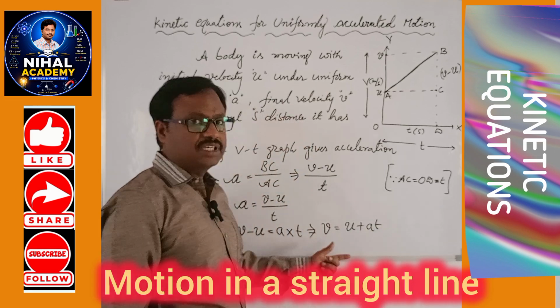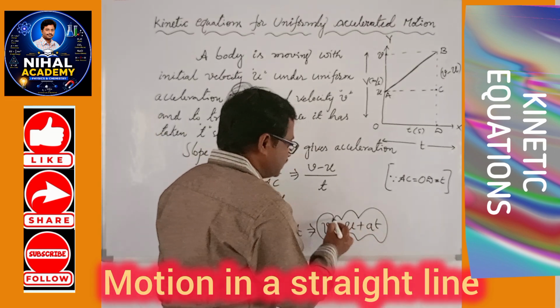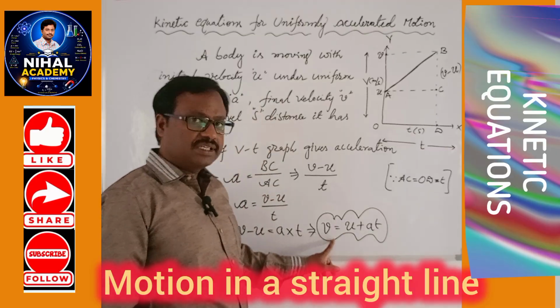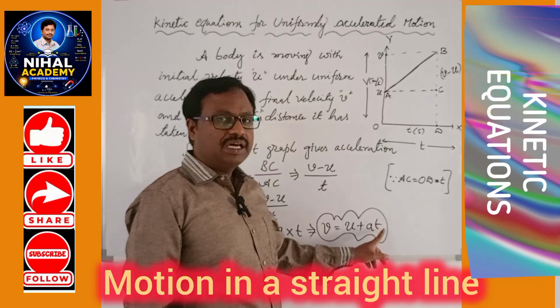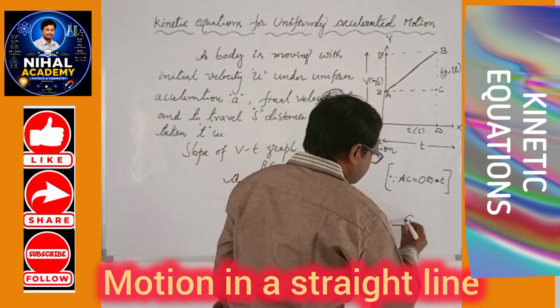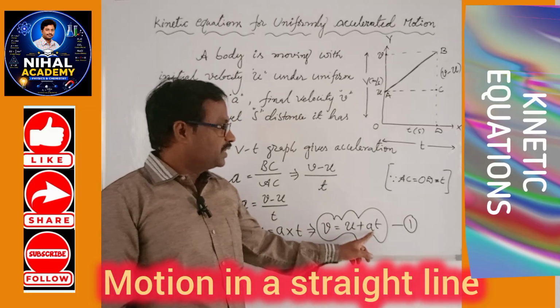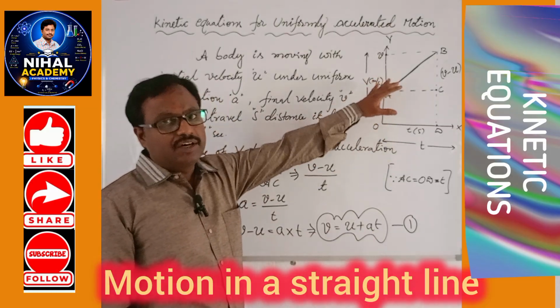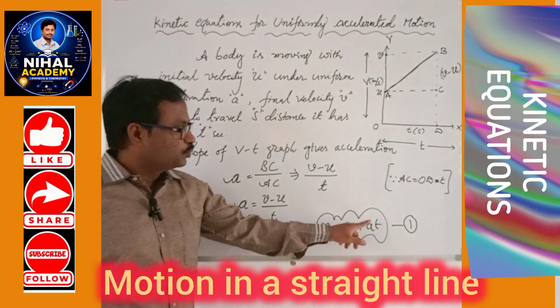So this is the first equation of motion: v is equal to u plus at. Here v is the final velocity, u is the initial velocity, a is acceleration, and t is the time. We call this the first equation of motion. So by using the graph we derived the first equation of motion, v is equal to u plus at.